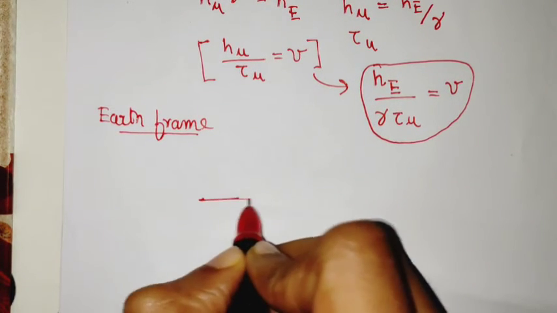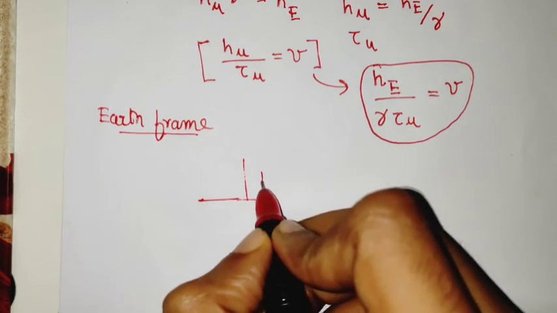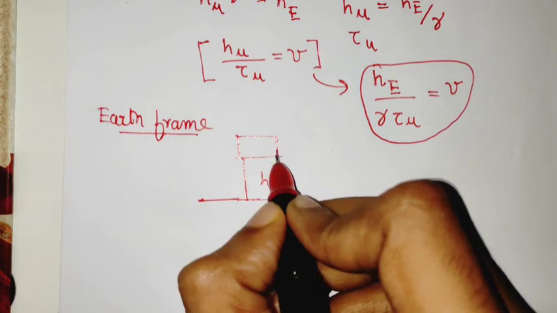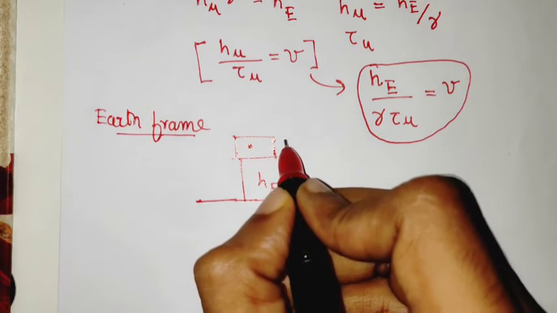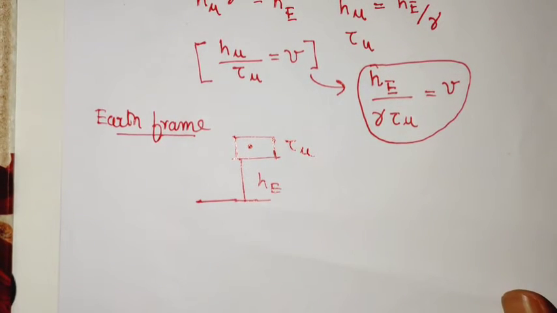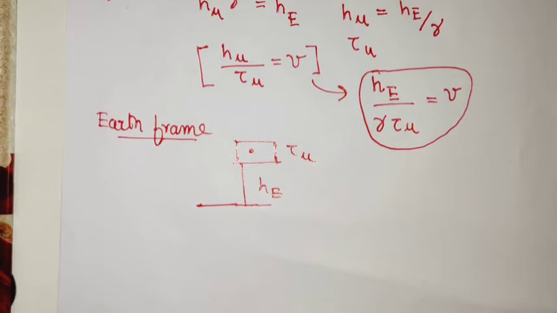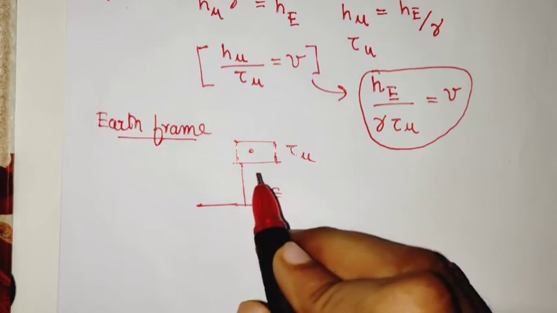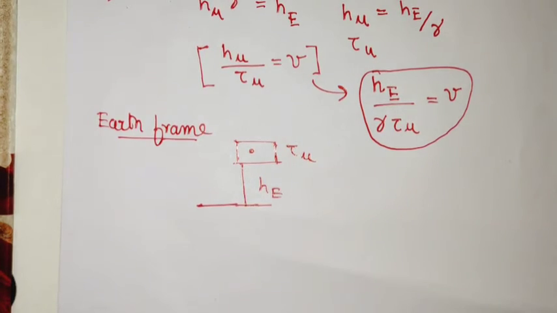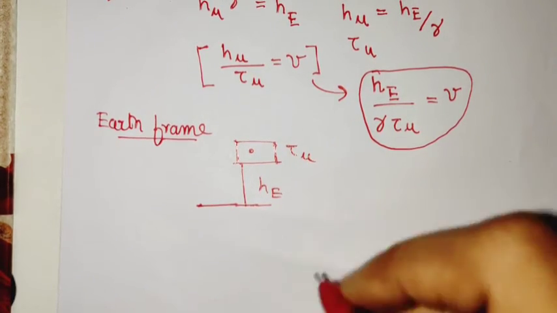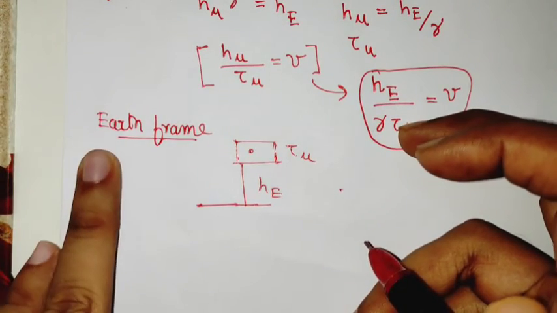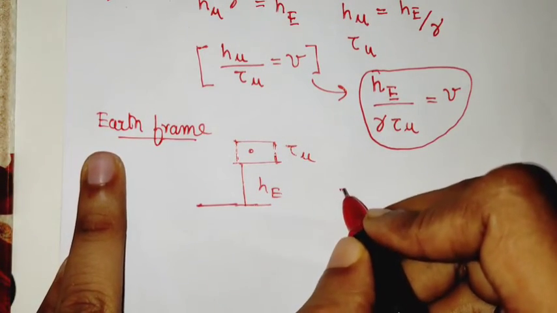In the Earth's frame, the height is given to us, but we are unaware of the decay time. The decay time tau is in the muon's frame, that is the proper time, and all we need to do is convert this to the time in Earth's frame. For the Earth the muon is moving.